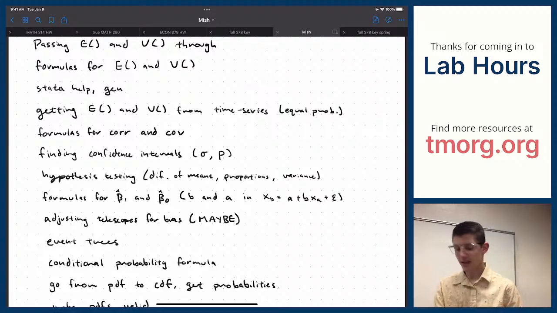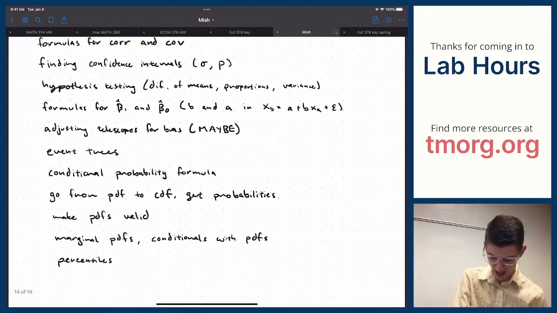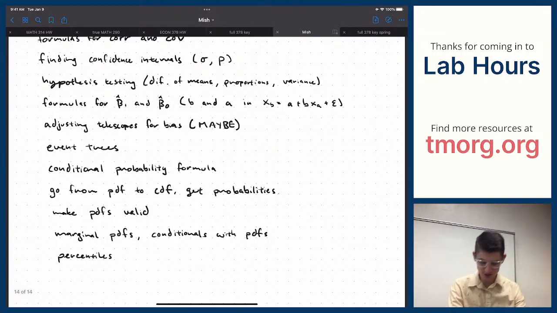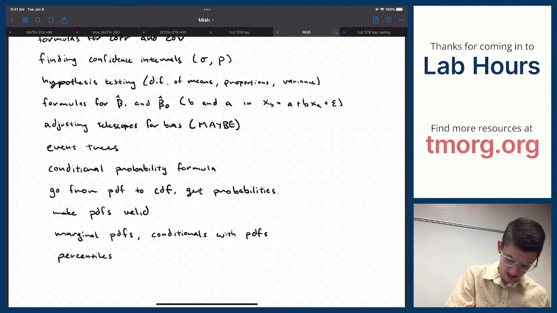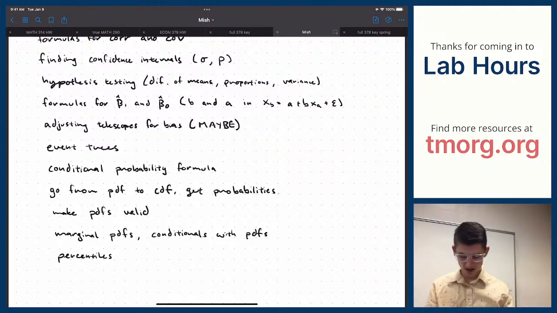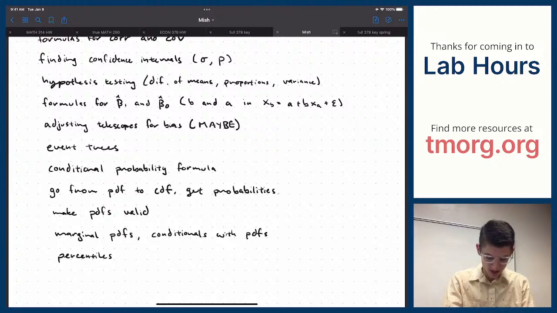Adjusting your estimators for bias, we will probably not touch on that one, but we'll go over some event trees, some conditional probabilities, going from the PDF to the CDF, making PDFs valid, marginal PDFs, conditionals with PDFs, percentiles, and so on and so forth. So lots to cover today.